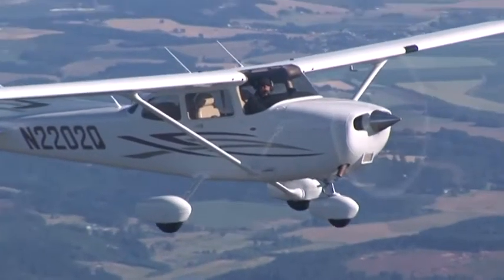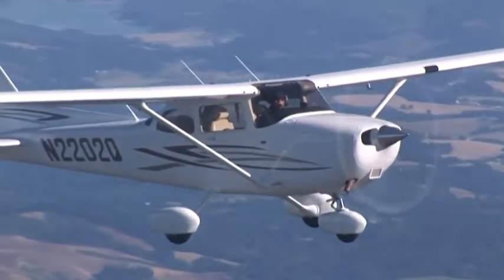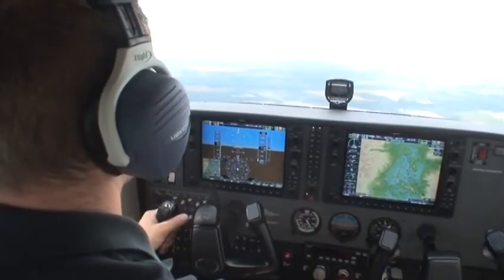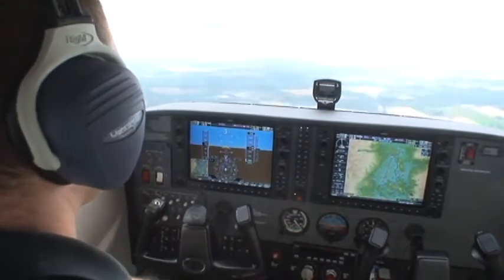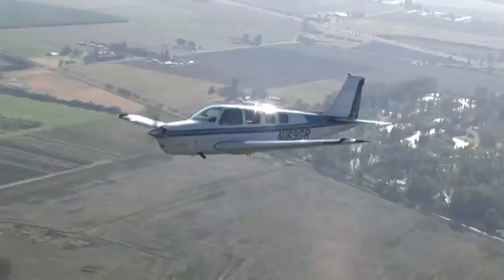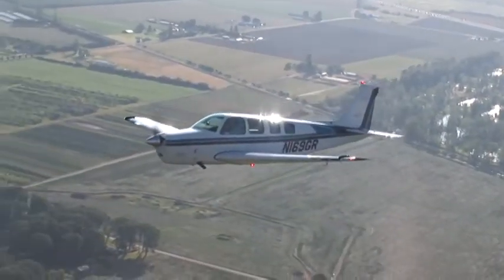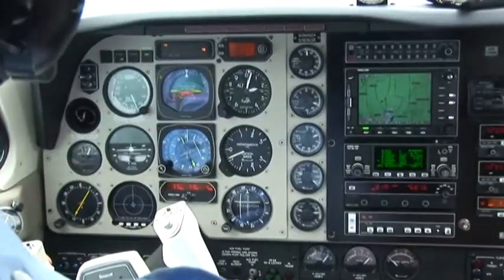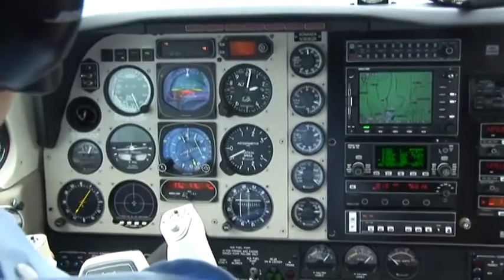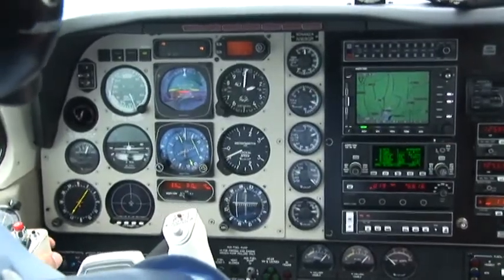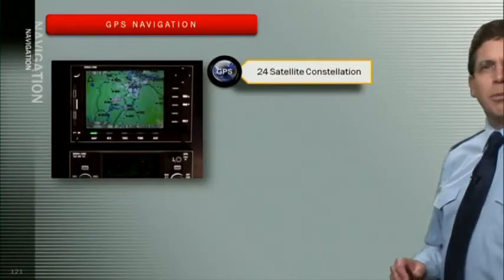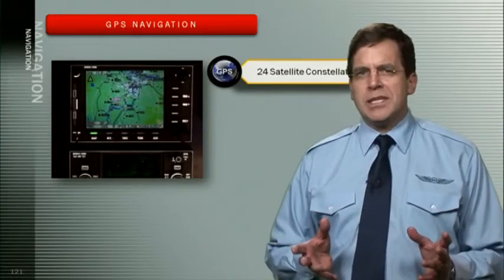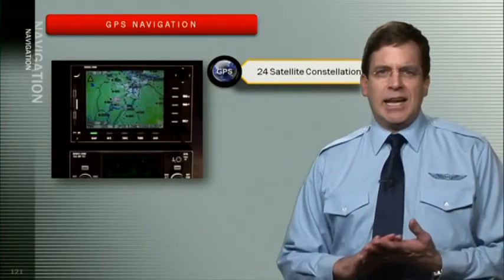GPS installations on aircraft are found in the newer glass panel. They're found on newer aircraft integrated with flight and navigation functions. While classic installations are independent, they nevertheless provide identical accuracy and utility to glass panel GPS installations. The GPS satellite constellation provides a lateral fix with reception of at least 3 satellites.